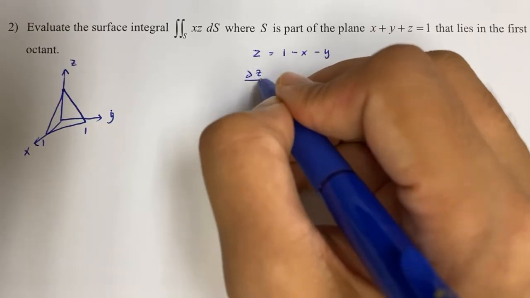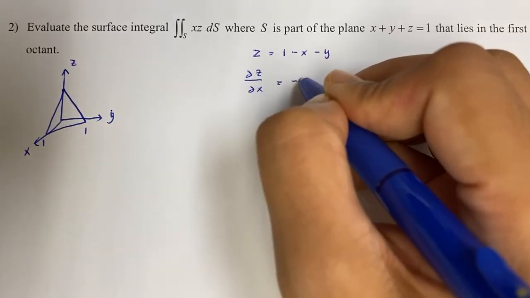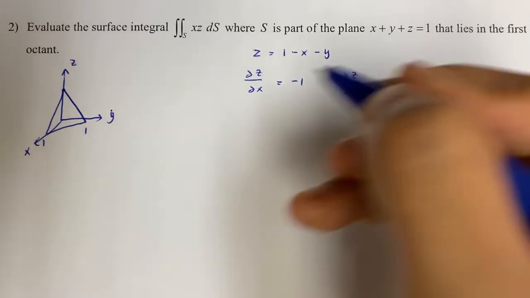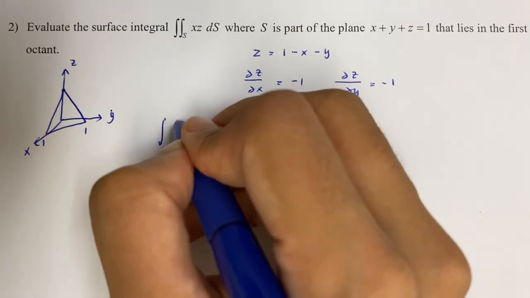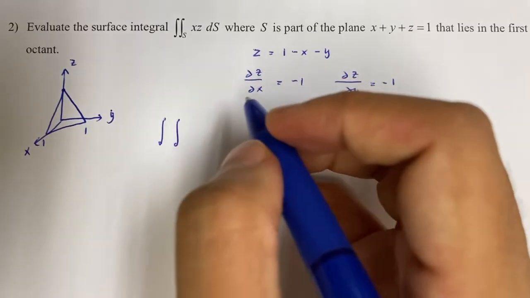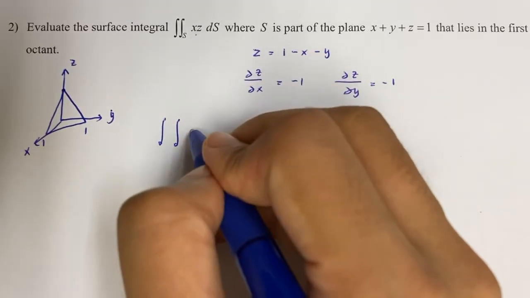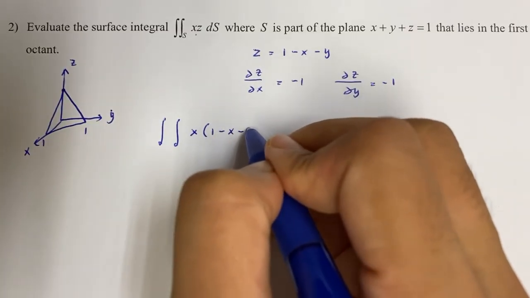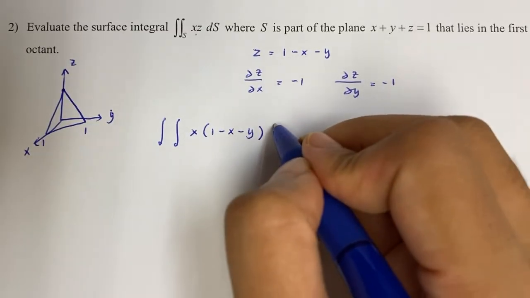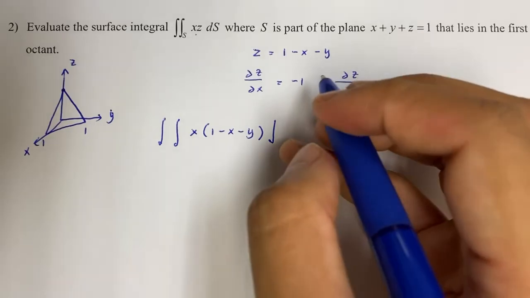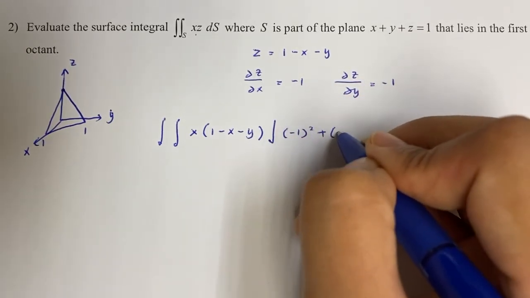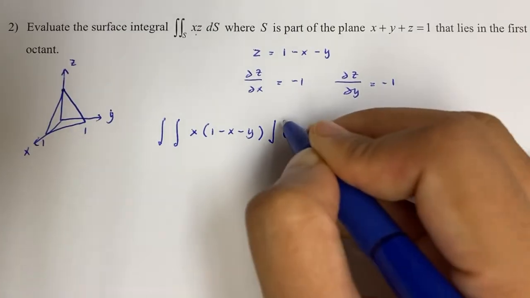Del z over del x is equal to minus 1 and del z over del y is equal to minus 1 as well. So for the surface integral, double integration, okay, x, and then you need to substitute z, which is 1 minus x minus y. Then square root of (del z over del x) square plus (del z over del y) square plus 1.